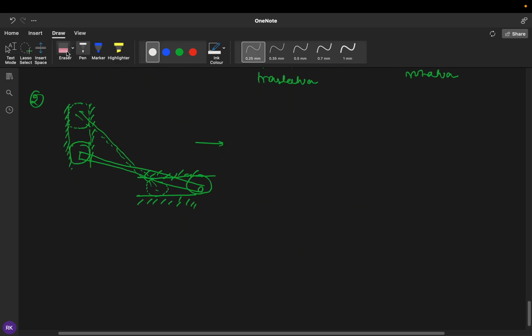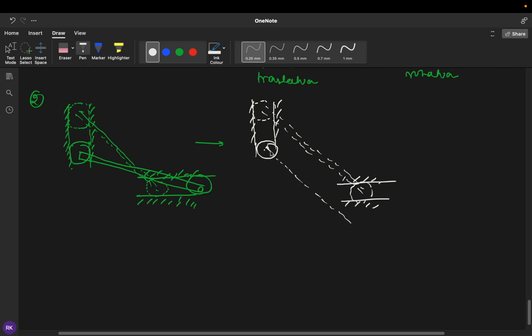When I talk about pure translation, you can see that this roller has moved from this point to this point.